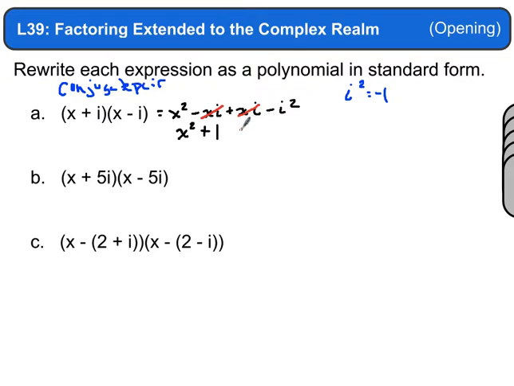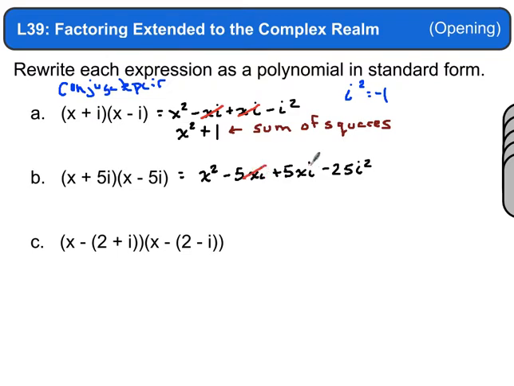Interestingly enough, look, this right here is a sum of squares, which is what we're now going to be able to factor, which we could not previously factor. So if we did another one that looked just like it, again, first times first, that would be x squared, and then you get a -5xi, and then a positive 5xi, and then you get a -25i squared.